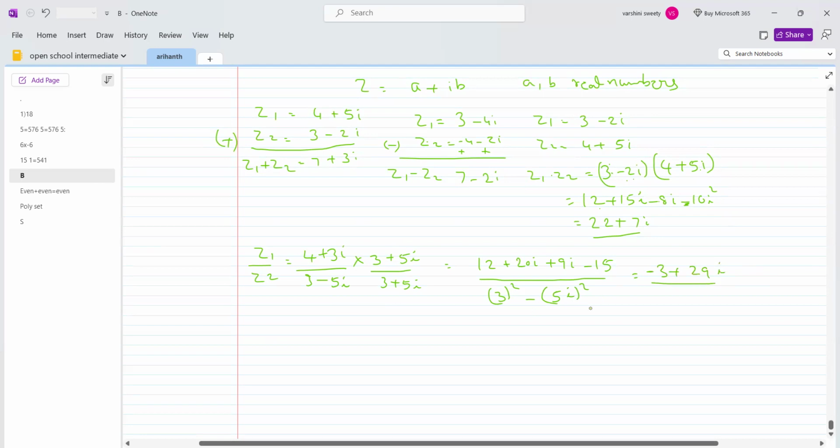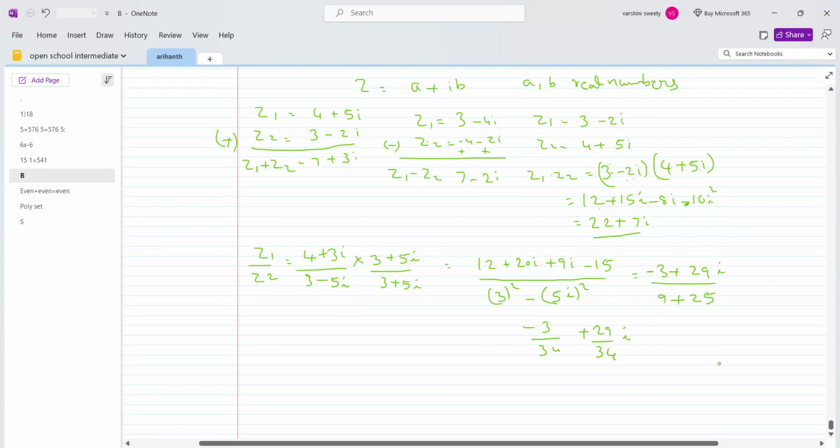What is the value of 3 square? 9. 5i square is 25i square, and minus into minus is plus 25. So what do I get? Minus 3 by 34 plus 29 by 34i.